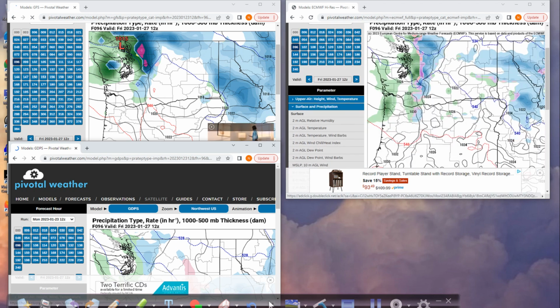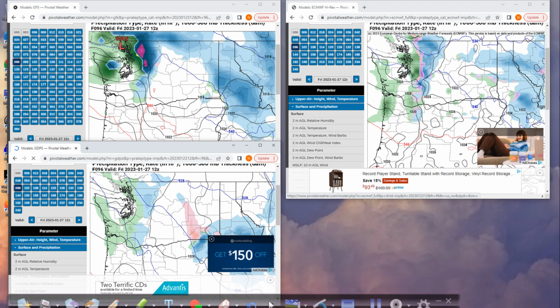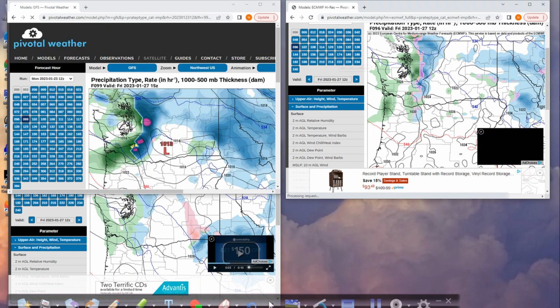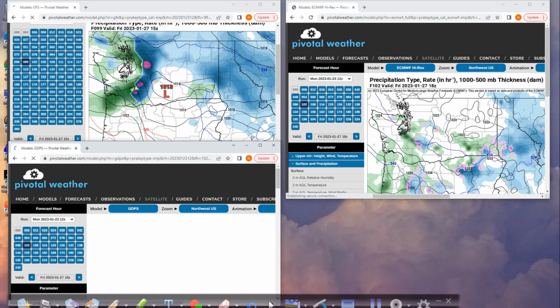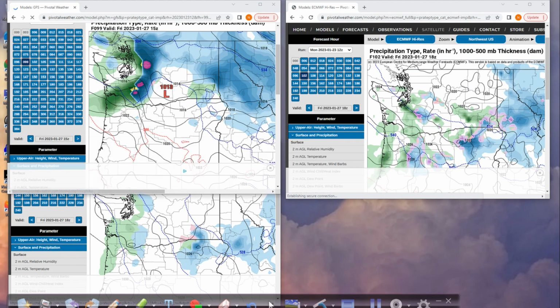Same with the European model upper right, and actually the Canadian model in the lower left as well. So all three of those are fairly similar as we go through the day. On Friday, some of that rain starts to move south into northwest Oregon.